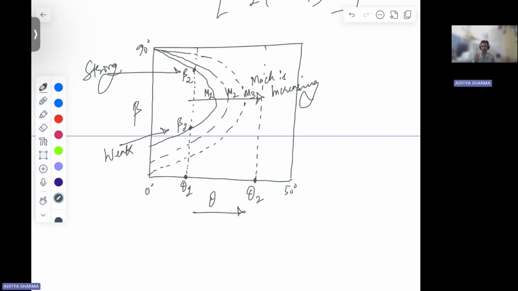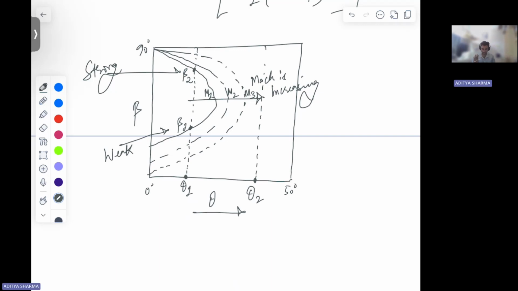It does not cut the curve anywhere, which means that for this theta value, we don't have any solution. So for this theta 2, we don't have any solution corresponding to your M1 value.